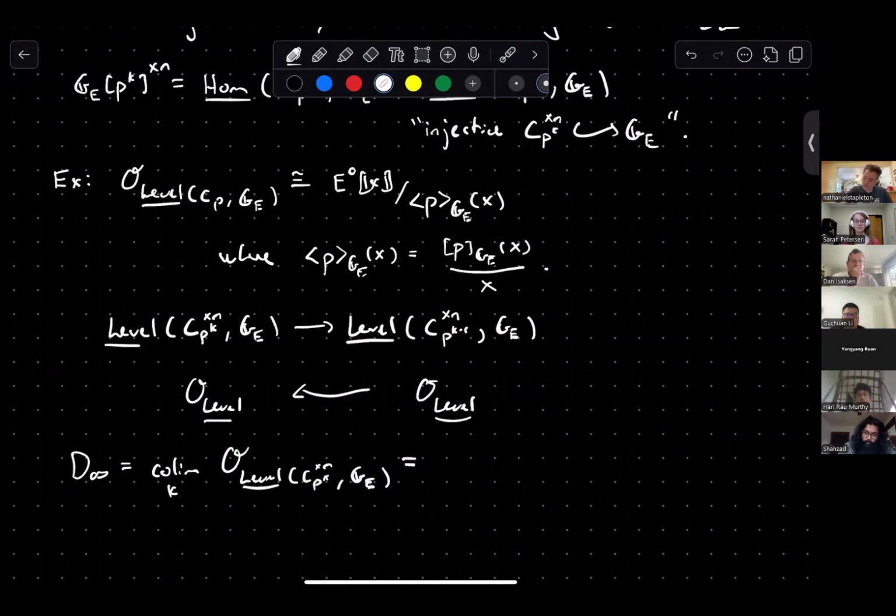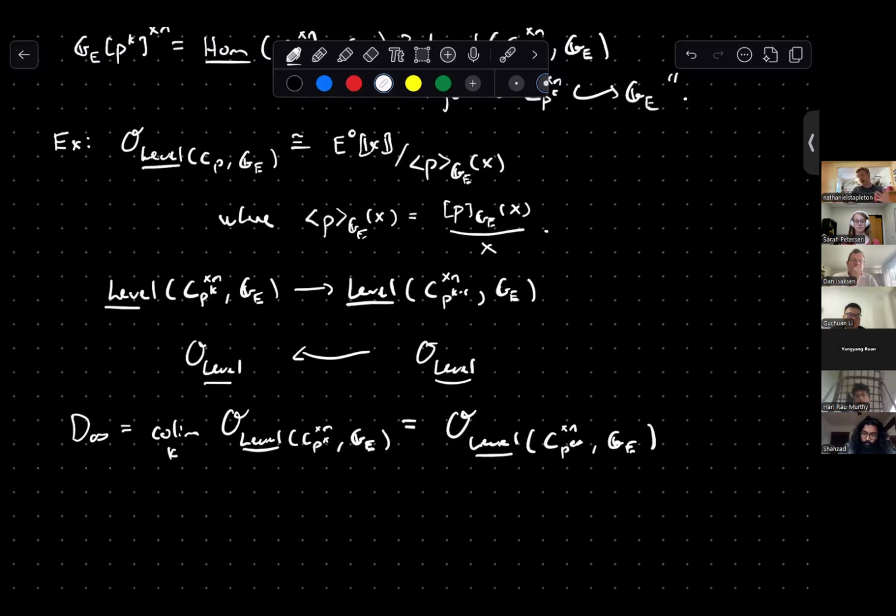Or if you wanted to try and write this all at once, you might write level CP to the infinity to the N GE. And because the automorphism group of CP to the infinity to the N is GLNZP, and if I have an injection and I precompose with an automorphism, I get another injection, there's an action of GLNZP on this ring.